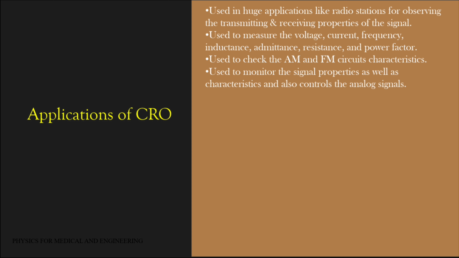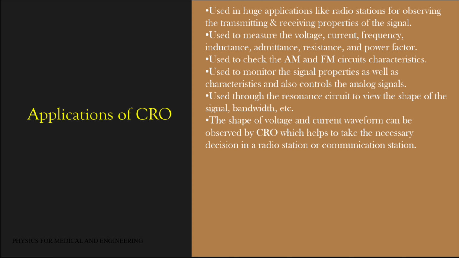This device is used to monitor the signal properties as well as characteristics and also control the analog signals. The CRO is used with resonance circuits to view the shape of the signal, bandwidth, etc. The shape of voltage and current waveforms can be observed by CRO, which helps to take the necessary decisions in a radio station or communication station.